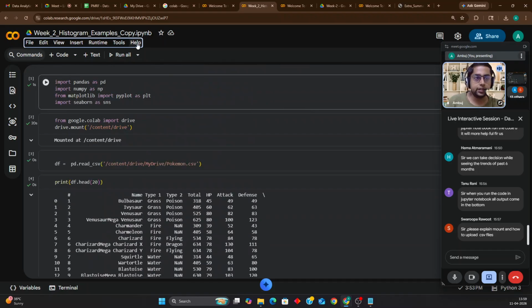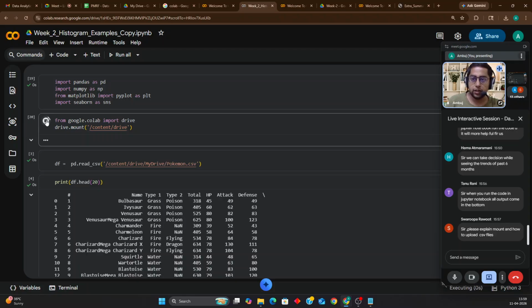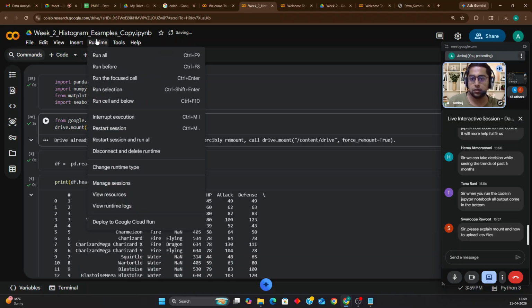When you run it cell-wise, suppose I ran this cell, it has run. Suppose I ran this particular cell: from google.colab import drive, drive.mount('/content/drive'). Slash content slash drive means the entire content of the drive will be mounted.